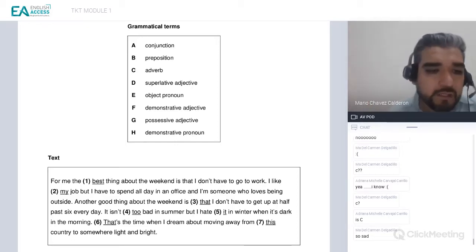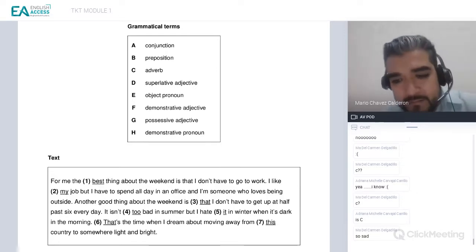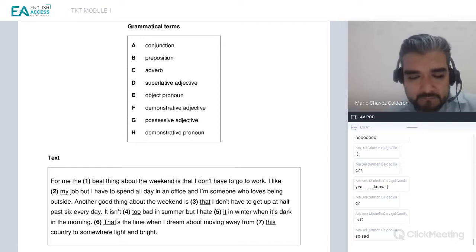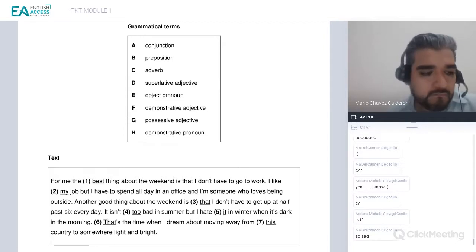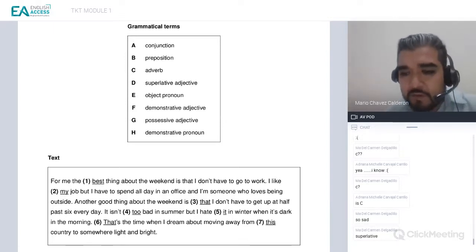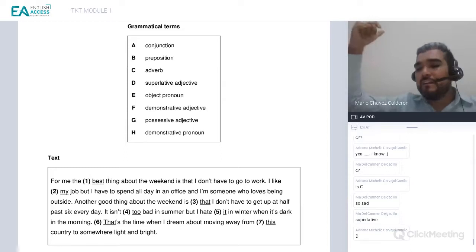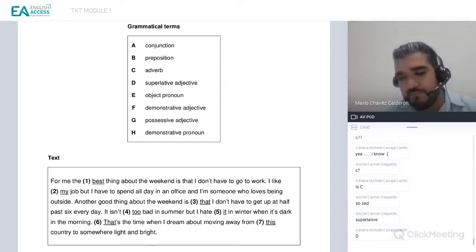For example, number 1, for me, the best thing, best. What is best? It's a superlative adjective, so it's the letter D, okay? Continue, ladies, continue.